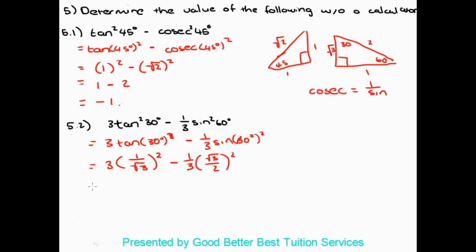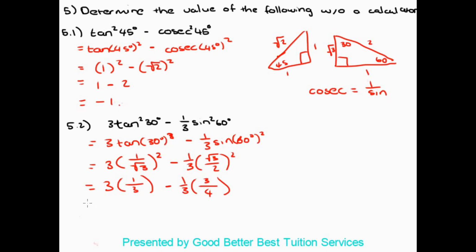And so once we times these into the bracket 3, before we times it into the bracket, guys, what do we need to do? We need to square it, right? So if we square what's in the bracket over here, this is going to be 1 over, so the root 3 becomes 3. And then we have minus a third times, once we square all of these inside here, it becomes 3 over, now the square of 2 is 4.